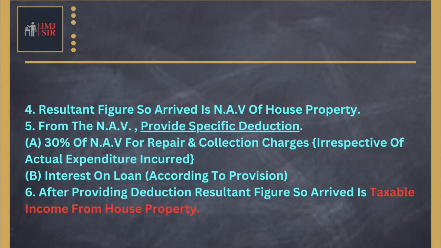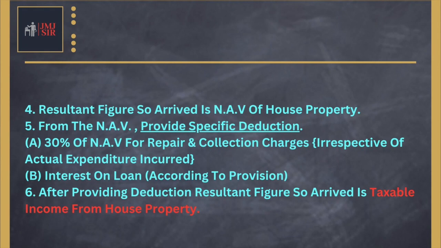Thereafter, from the net annual value, we have to provide standard as well as specific deductions. The standard deduction is 30% of the net annual value for repair and collection charges, irrespective of the actual expenditure incurred, and even if the instruction is not given, the standard 30% is to be provided as the deduction from the net annual value for the repair and collection charges.